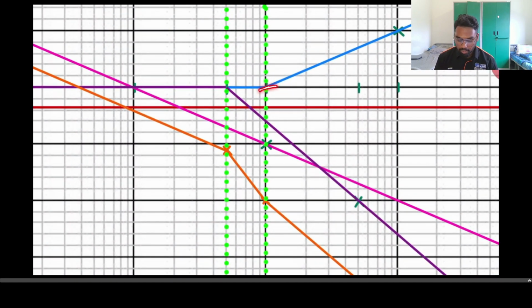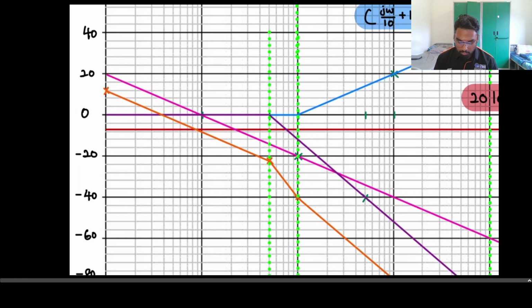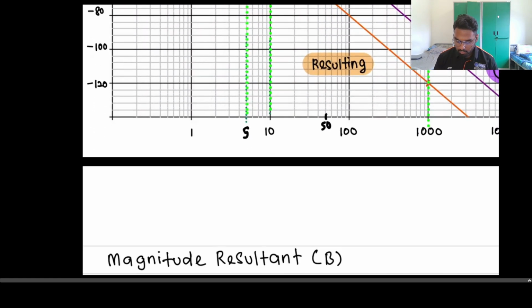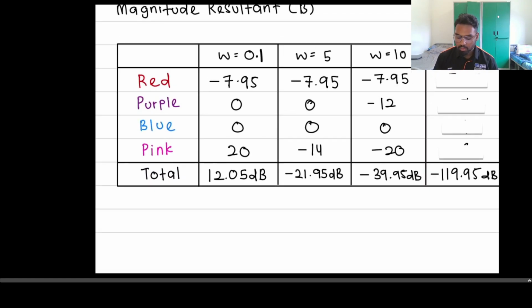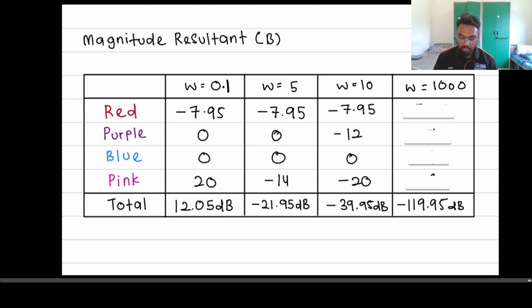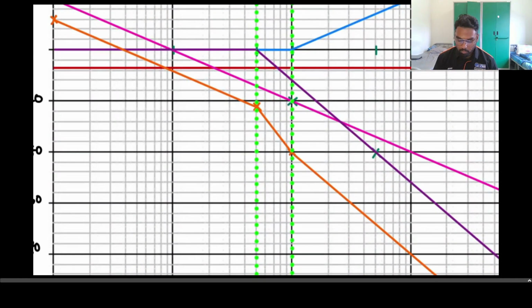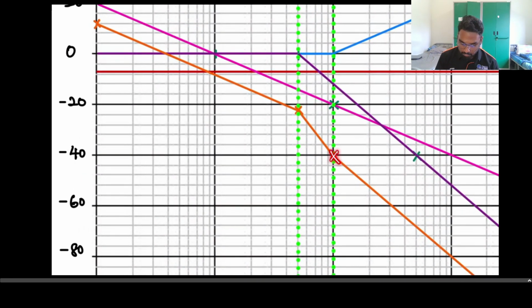We have blue line, red, purple, and also pink. If you compare all these intersecting lines, we can put all the data into the table and do the process of addition for all of these, and we will obtain negative 39.95 dB, which will be around here.